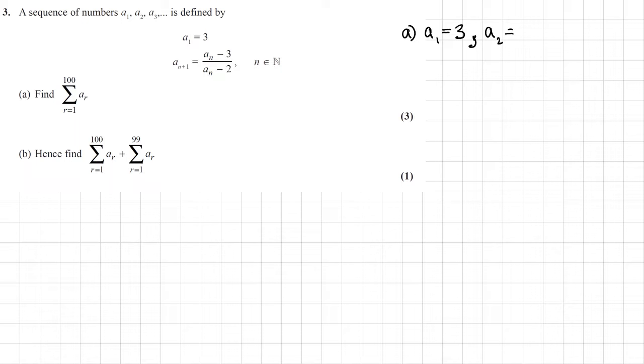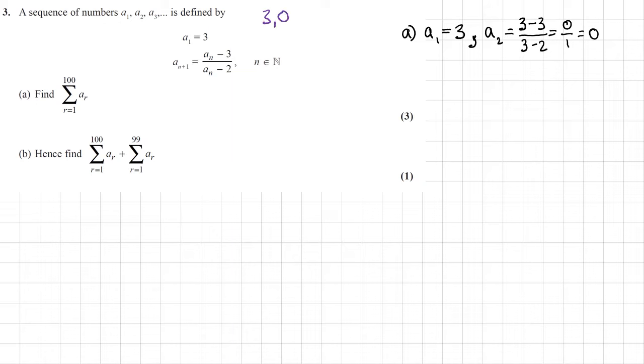So the second term is the previous term, which is 3, minus 3 over the previous term minus 2. So that just gives us 0 over 1, which is 0. Okay, so I'm just going to make a list of the terms over here. So first term is 3, second term is 0.